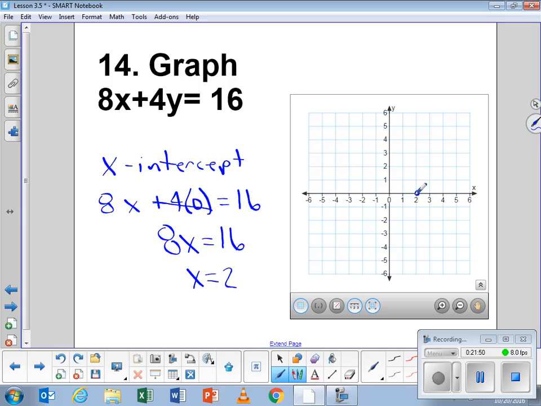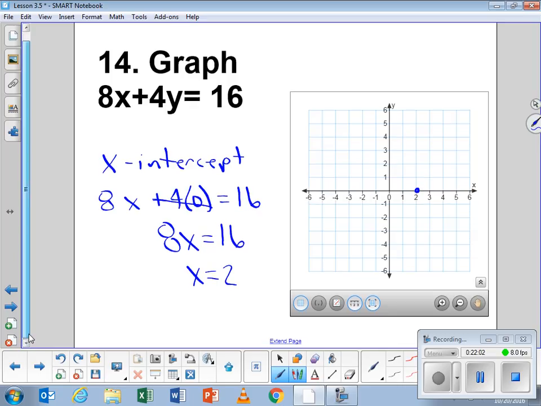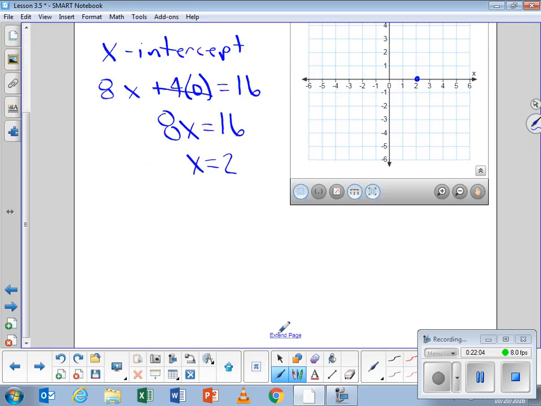Now, if I want to know where it's crossing the y-axis, what do I do? Same thing, but do it with the y. Plug 0 in for x. So if I want the y-intercept, I put 0 in for x. So I get 8 times 0 plus 4y equals 16.